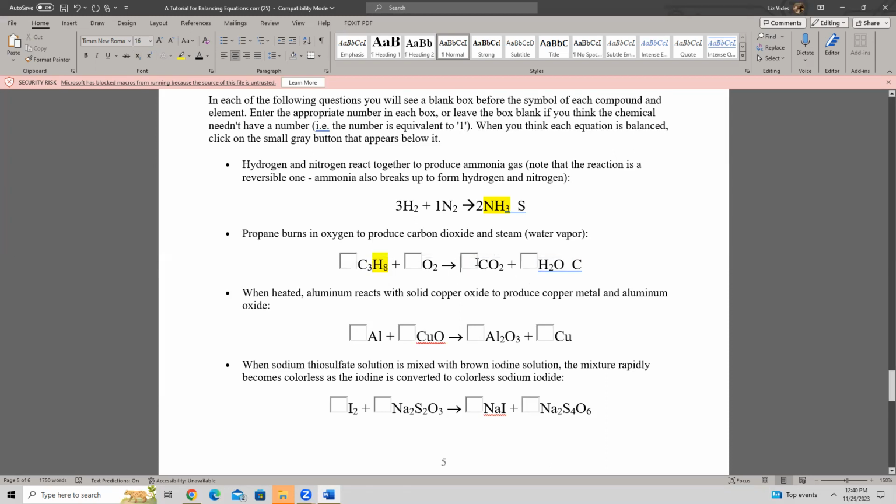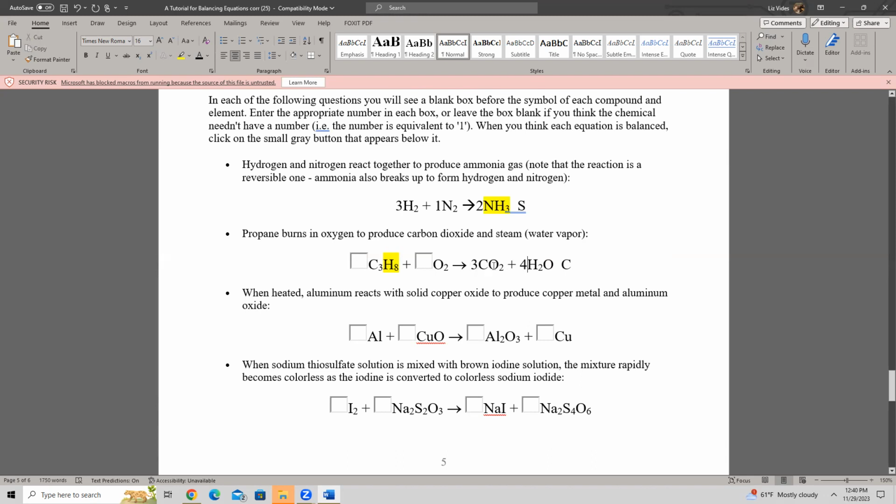So we start with the carbon dioxide, put a 3 there, and that gives us 3 carbons, which is correct. Then we need a 4 in this one. Now all we need to balance is the oxygen. To do that, you multiply the 3 times the 2, because there's a 3 in front of a 2.